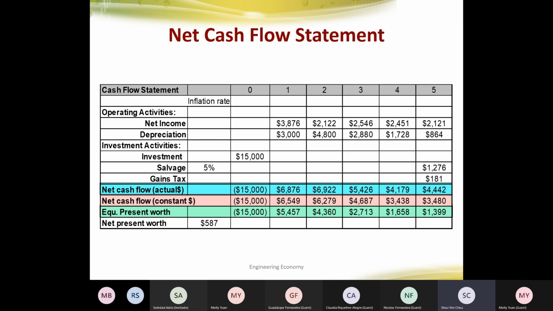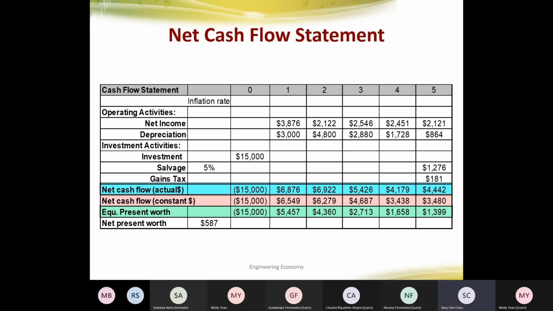And this value we need to consider the interest rate. So they need to be discounted to the present worth because we are finding equivalent present worth. And we add them together to get net present worth, which is 587. It's different from what we had if we don't have inflation.